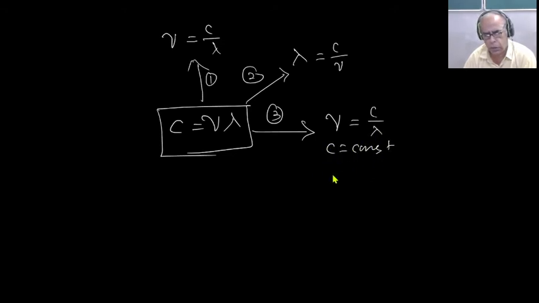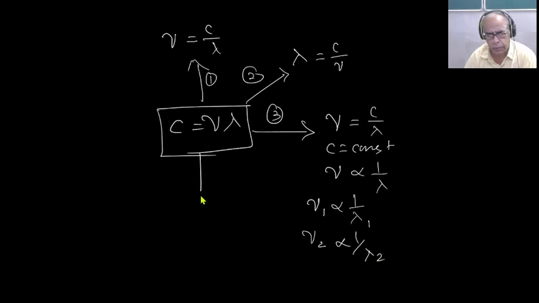When you introduce a constant, you can bring this as proportionality, 1 by lambda. Let us consider two different situations. For example, condition 1, nu 1 is proportional to 1 by lambda 1. Similarly, nu 2 is proportional to 1 by lambda 2. Probably by giving two parameters they may ask the third one.